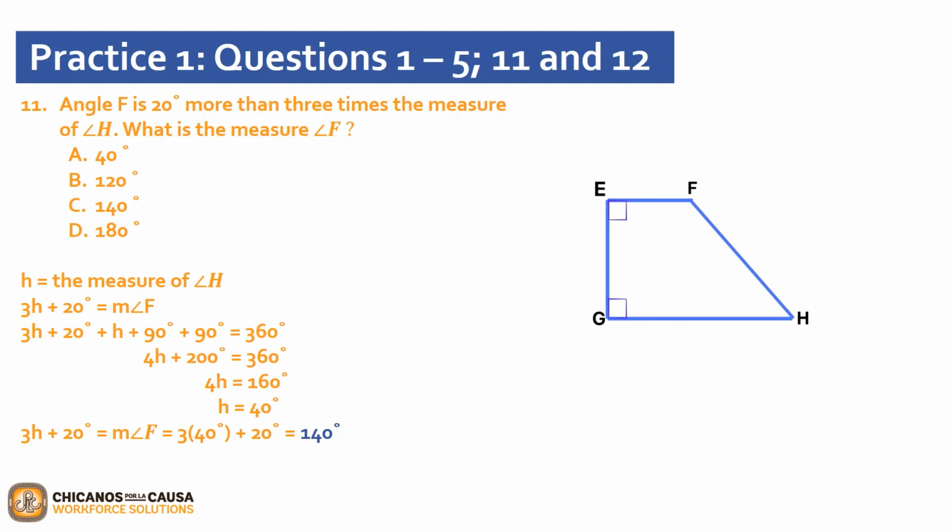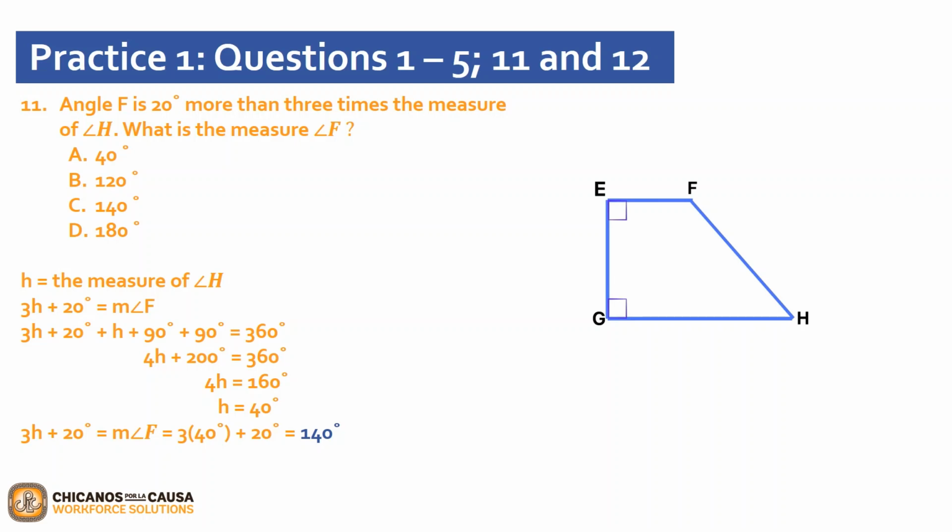Let's go back to our question. It's telling us that angle F is 20 degrees more than 3 times the measurement of angle H. What does that look like in an expression? It looks like this: 3 times the measurement of angle H plus 20 degrees equals the measurement of angle F. Perfect.